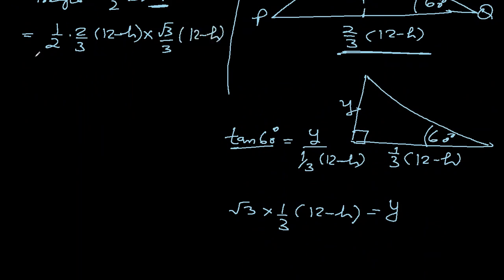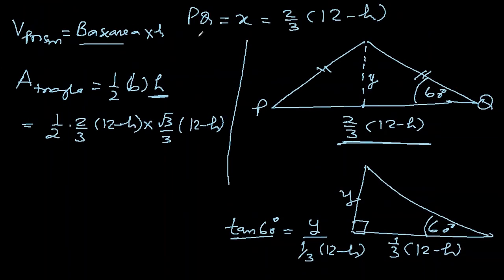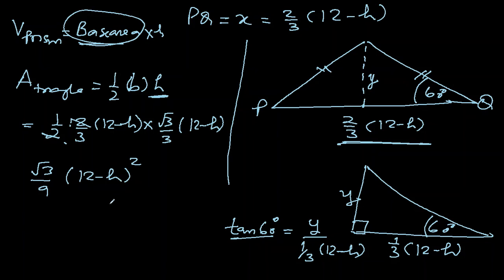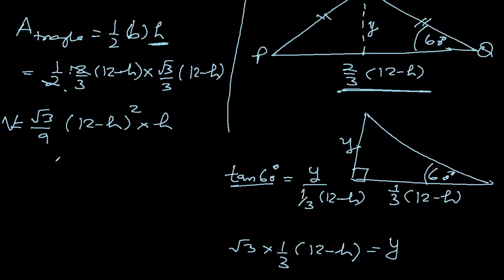This is the area of the base of the prism they are asking. So 2 and 2 cancel. Square root 3 over 3 times 3 is 9, times 12 minus h squared. This is the base area, and I have to multiply by h for volume. So volume becomes times h.